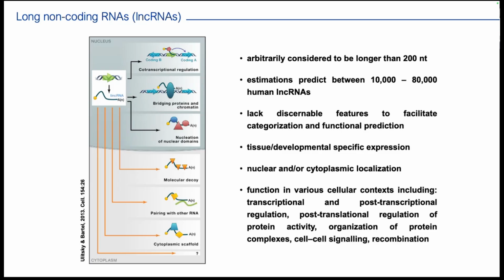And they're very specific to the cell type, right? So tissue and developmental very tightly controlled. Different cells have different pools of long non-coding RNAs depending on their status and origin and so on. Also, they are nuclear and cytoplasmic. Some act in the nucleus, some act in the cytoplasm.